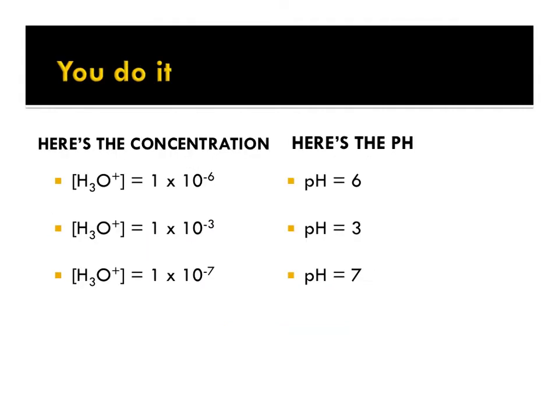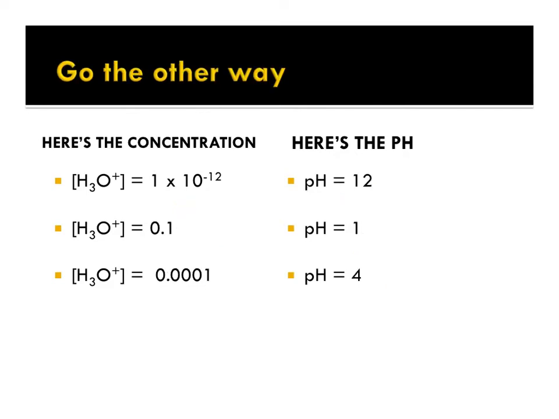So here are some more examples. 1 times 10 to the negative 6 gives us 6. 1 times 10 to the negative third gives us 3. 1 times 10 to the negative 7 gives us 7. Like I said, these are going the other way.